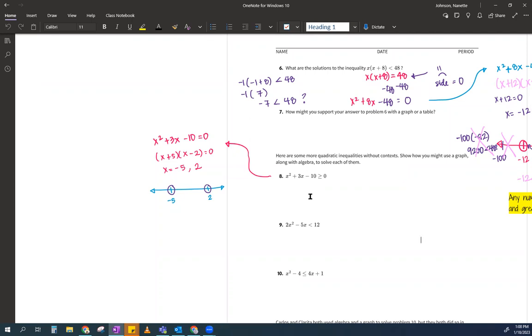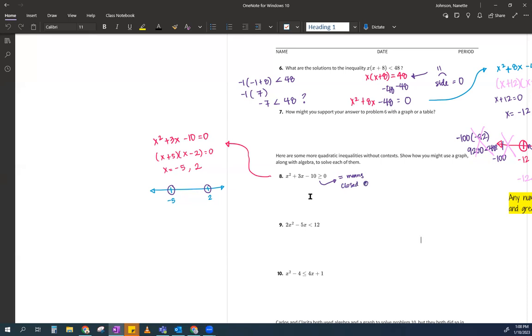Yes, very good. Someone says, Ms. Johnson, they are closed because of the equal to sign. Very good. So I'm going to point out what they're saying. This equal to sign here means a closed circle, right?